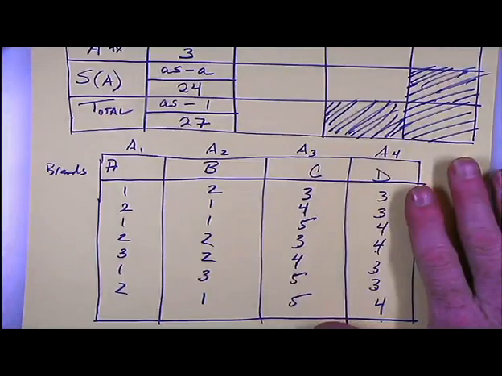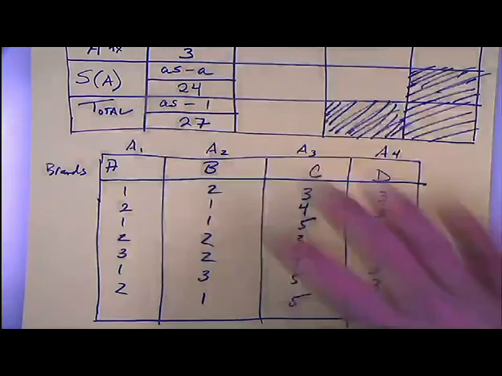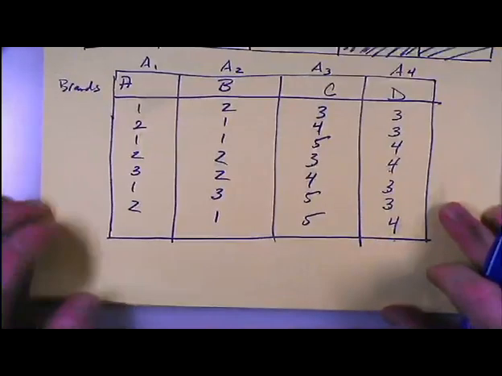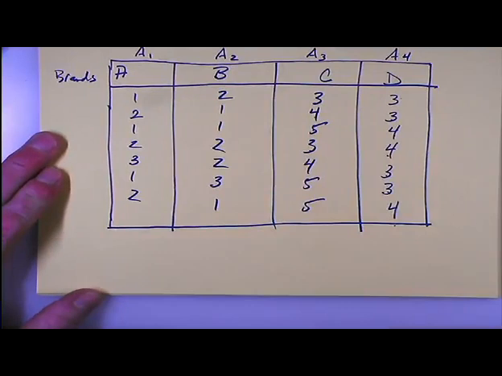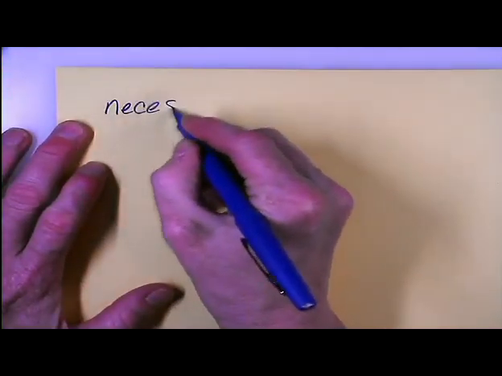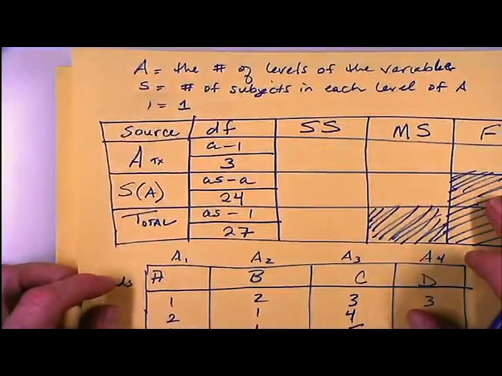So now we've got our degrees of freedom. The degrees of freedom formulas are going to be very useful to you because they're going to help you figure out how to do the rest of this problem. Using the components method, you're going to get something called necessary terms. I'm going to use a different sheet of paper here. Our necessary terms are going to be based on the terms that are in our degrees of freedom formulas.